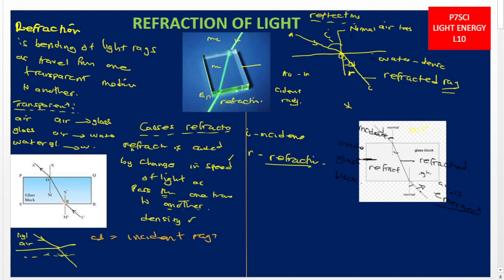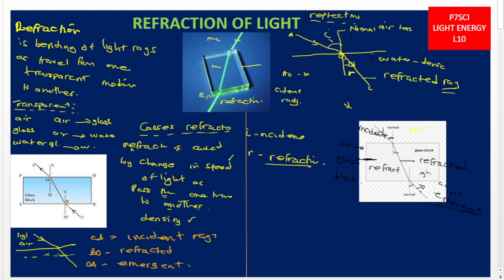Now this one, ray BO, this connection here, ray BO becomes the refracted ray. On reaching here, OA, which is now coming out, ray OA becomes our emergent ray.